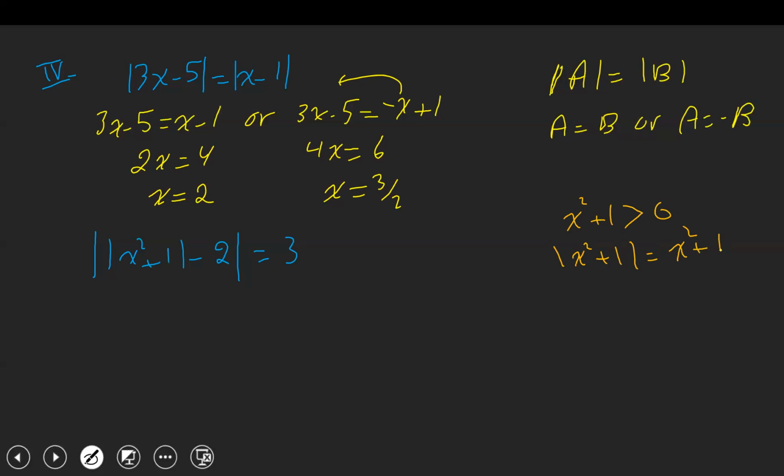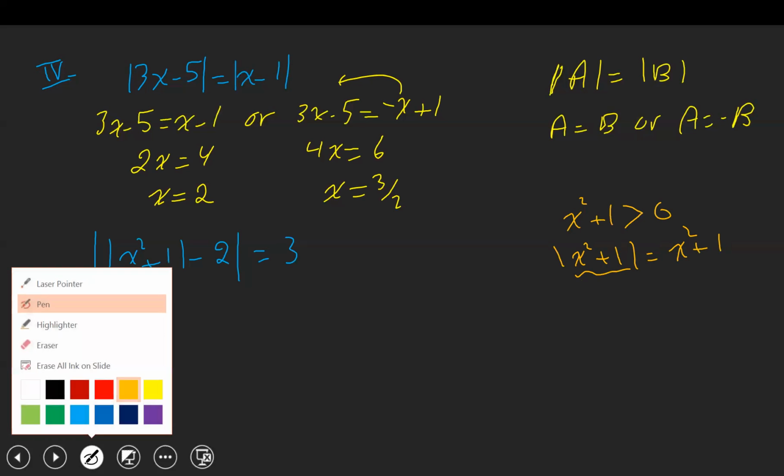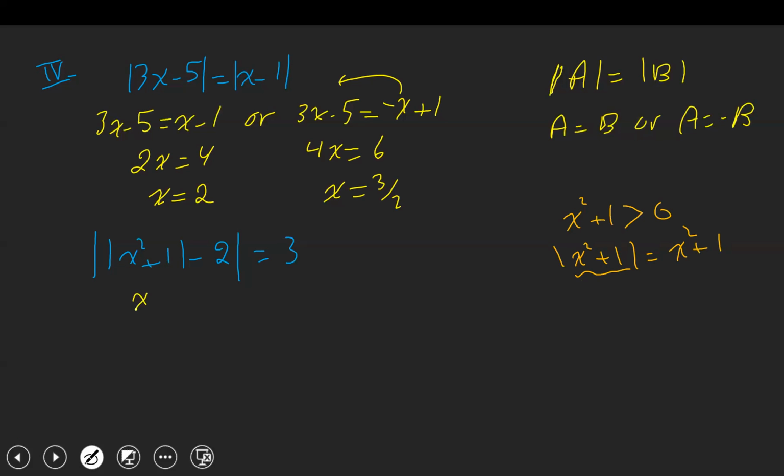Why? There's no need for the absolute, because x squared plus 1 is a positive quantity whatever the value of x is. So there's no need to do absolute for it. It's positive already. So we can write instead x squared plus 1, and we remove this absolute.